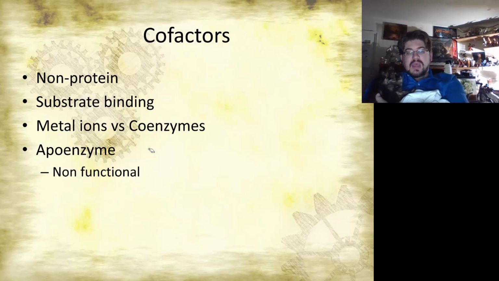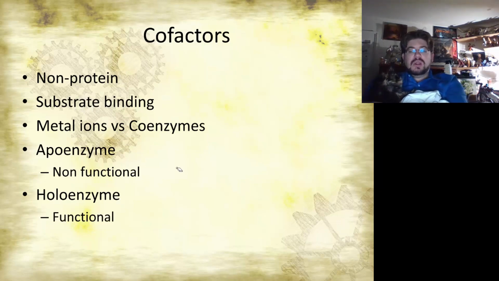So the enzyme without its coenzyme, without its cofactor, is called an apoenzyme. So when you have your poor, lonely enzyme, it's the apoenzyme, and it's non-functional. And only once you get your cofactor in there to get the nice specific active site do you get the holoenzyme that's functional.